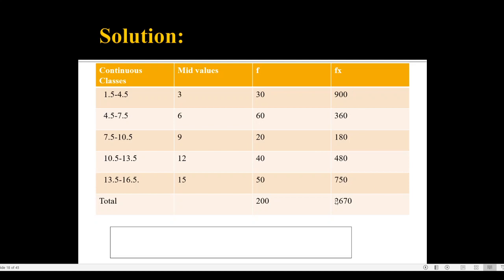Summation f into x is 2670 and summation f is 200. Then we use our formula x bar is equal to summation f into x upon summation f. Here summation f into x is 2670 and summation f is 200. Therefore arithmetic mean is 2670 upon 200 is equal to 13.35. This is our final answer.